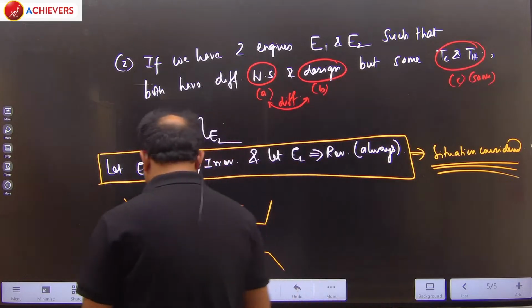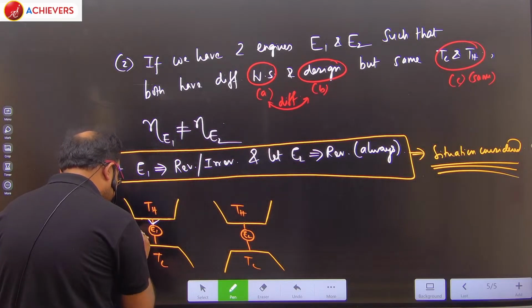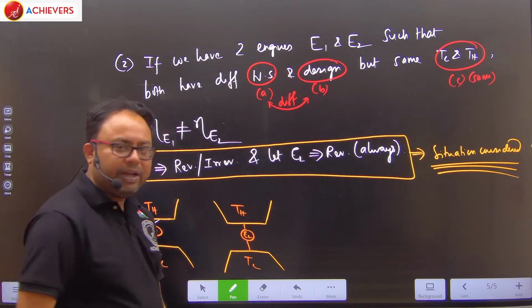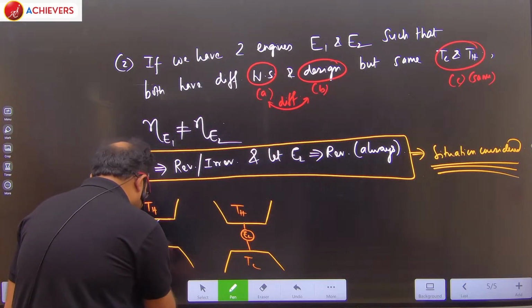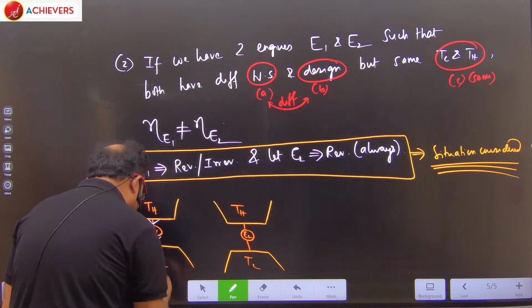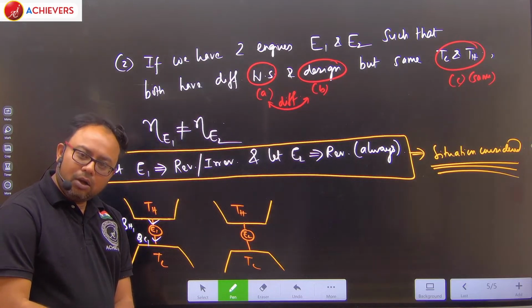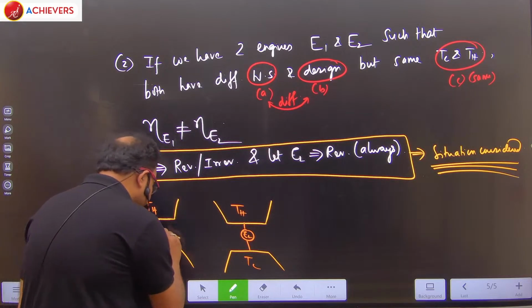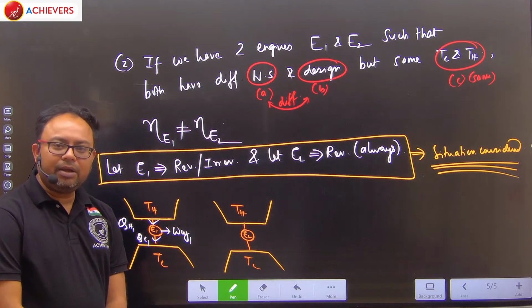And what else you have? You have QH1 amount of heat withdrawn from the hot reservoir and QC1 amount of heat transferred to the cold reservoir, and W cyclic 1 is the amount of work done by E1.